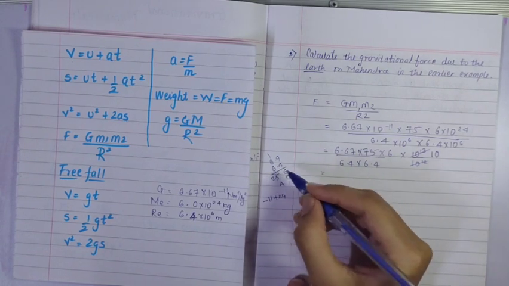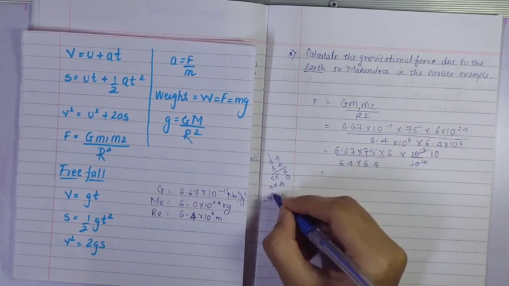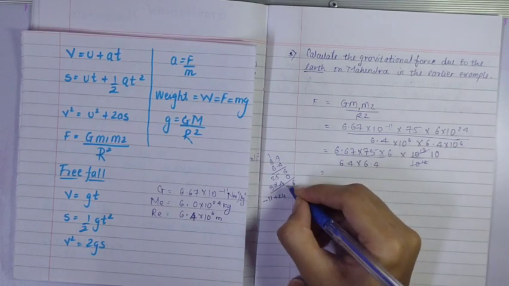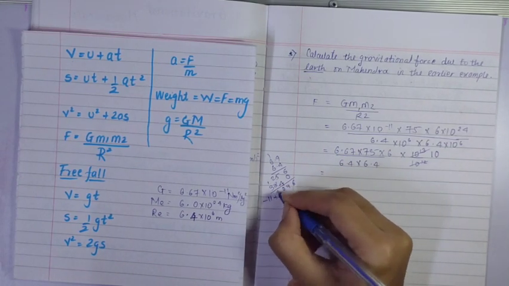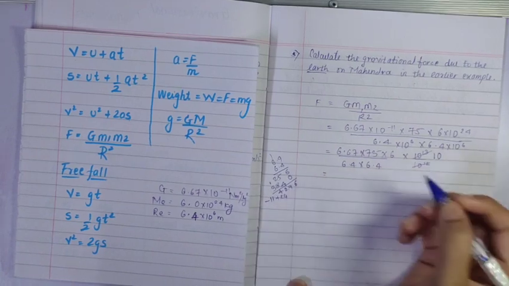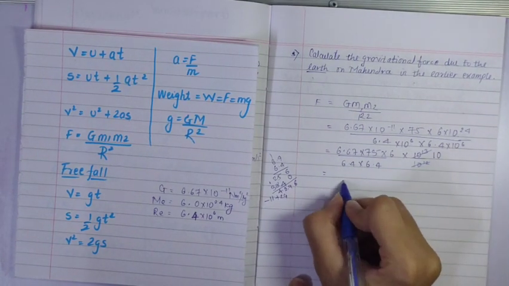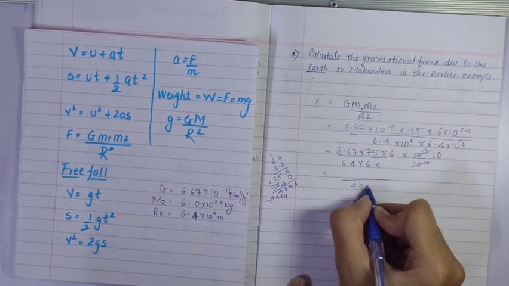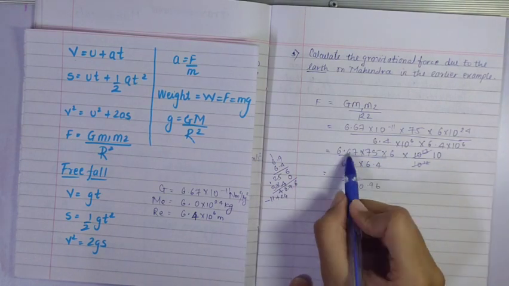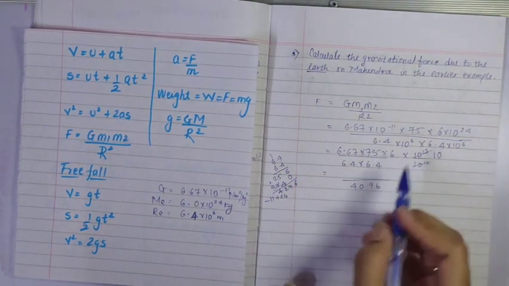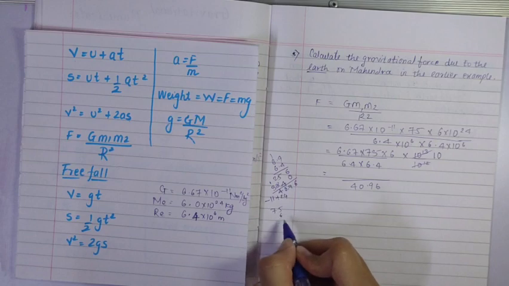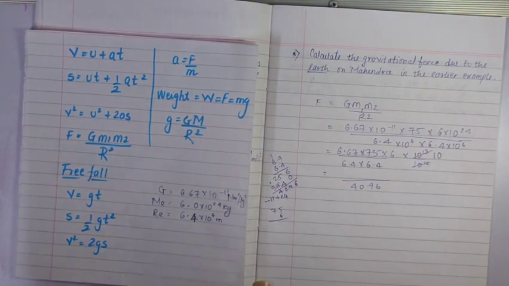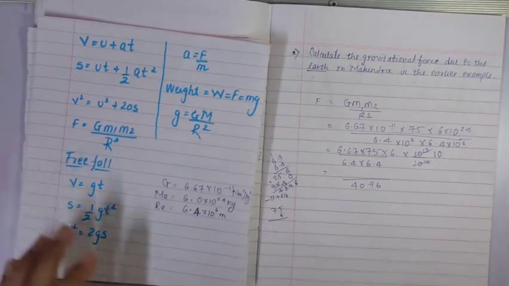Carry over to 36, 38. Answer is 6, 9, 10, 1, 4 and 2 decimal places. So upon will be 40.96 and in the numerator what will happen? 75 into 6. Fine. For 75 into 6 what will happen?